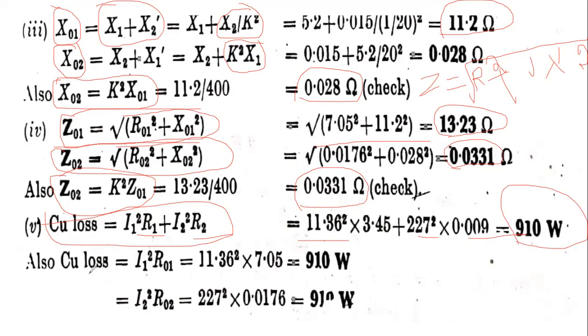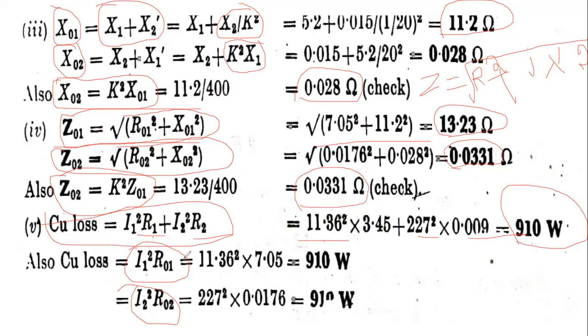Next, also for the copper losses, we have another formula for determining them, that is I1 square into R01 or I2 square into R02.